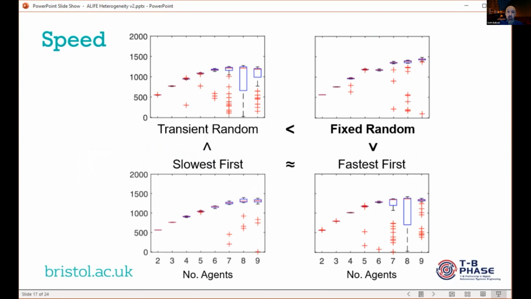But the best scheme is to establish a fixed random dominance hierarchy at the start and just employ that throughout the whole simulation. So surprisingly, perhaps, fastest first, in a scenario where moving quickly is important, turns out not to be the property that should be used to break deadlocks.